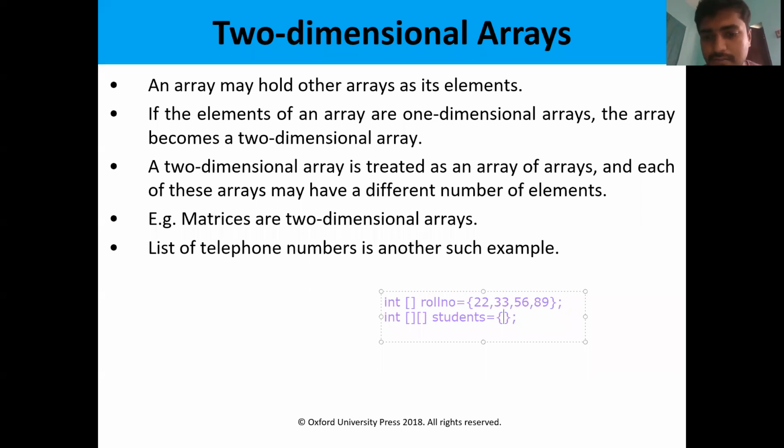That means two types of elements. This is one type, and this is another type. Suppose in the first batch, serial number 1 comma 22, serial number 2 comma 33.